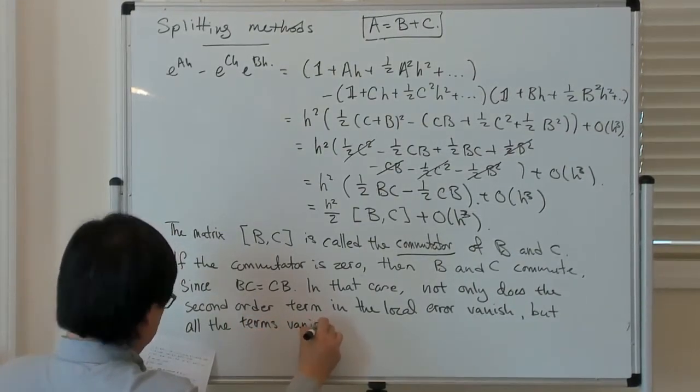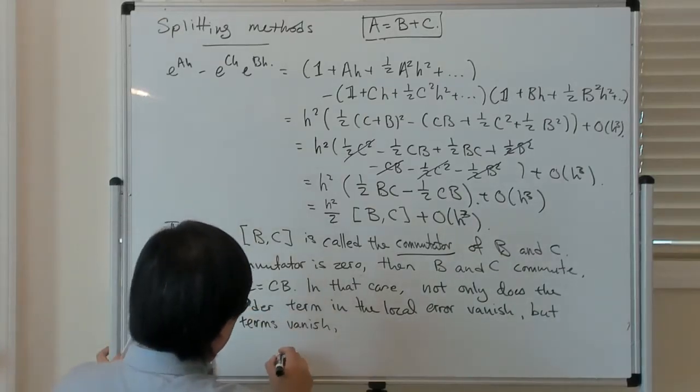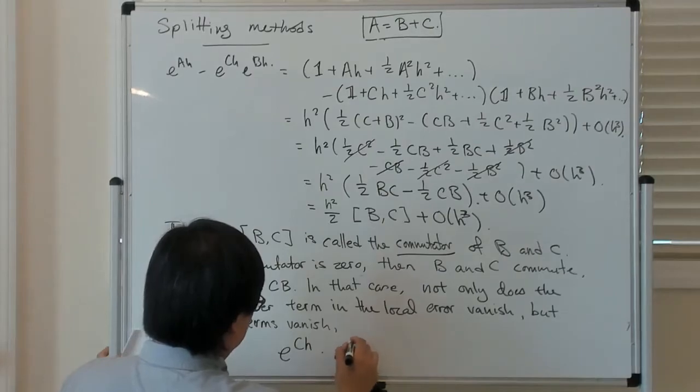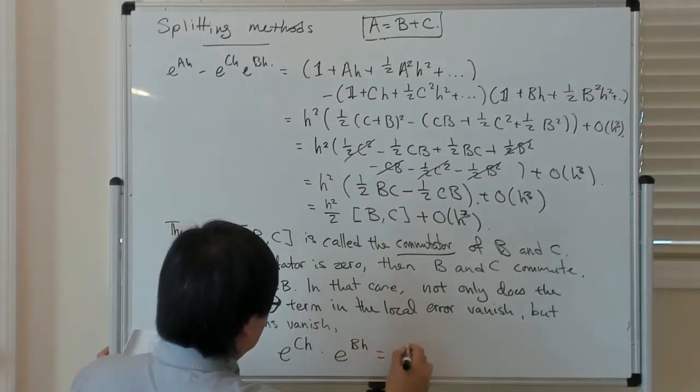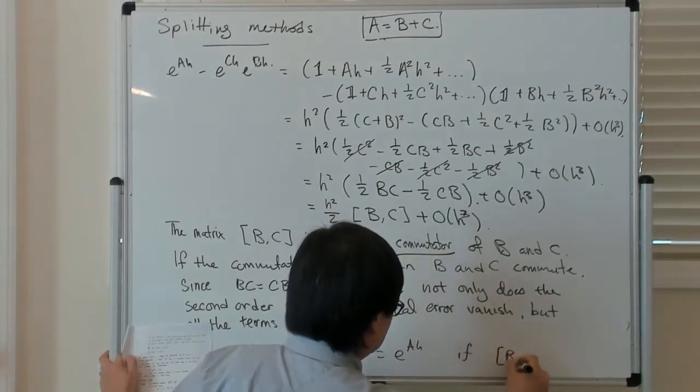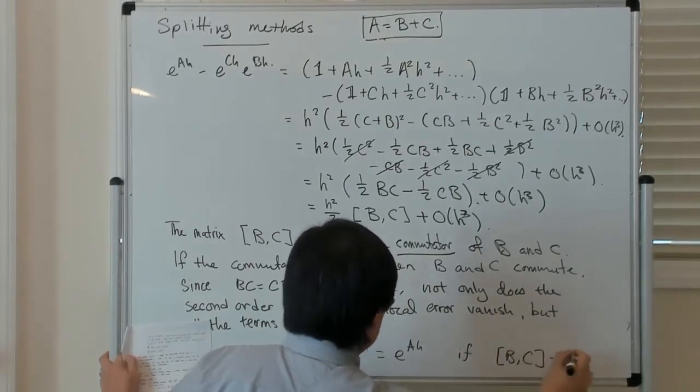What happens then is that you have the property that e to the c times h composed with e to the b times h is actually e to the ah. This is if the commutator of b and c equals 0.